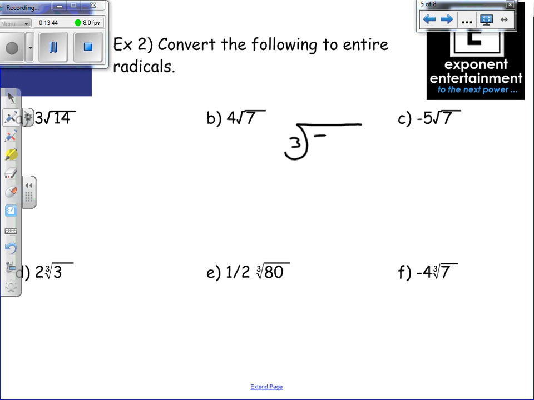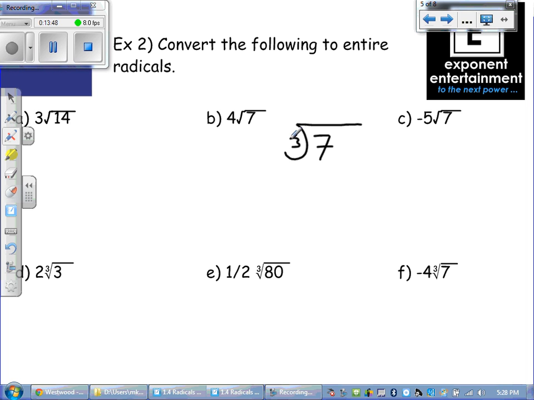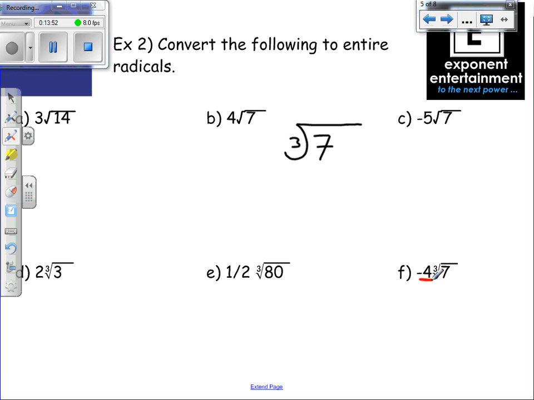The -4, that's our tricky part. So we want to bring it over to the top, and to do that, we need brackets. Bracket -4. Remember, the negative comes with the 4. It's attached to it, so they both have to come in underneath that bracket. Again, we can't move a coefficient underneath the root sign unless we do something to it.